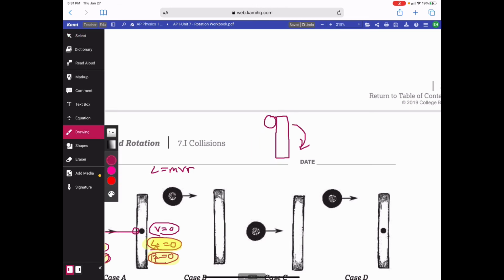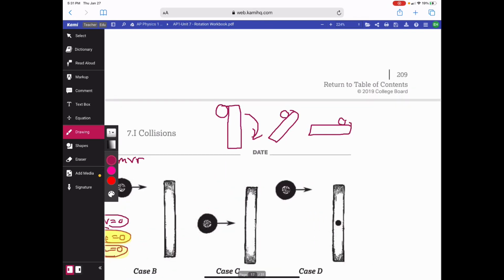Like this. Partway through, it's going to look like this, and then like this, and so on.